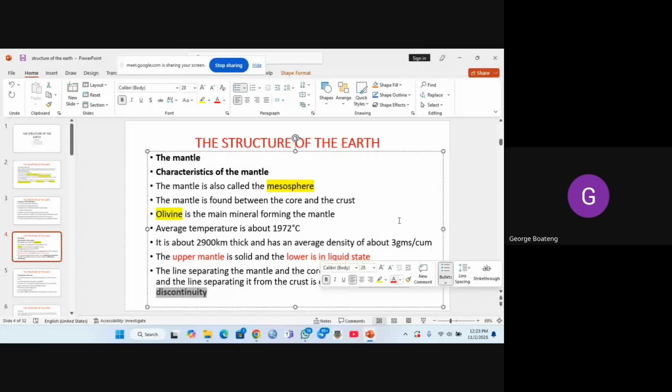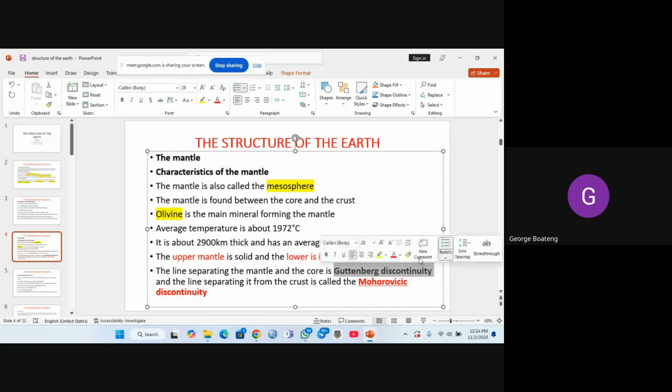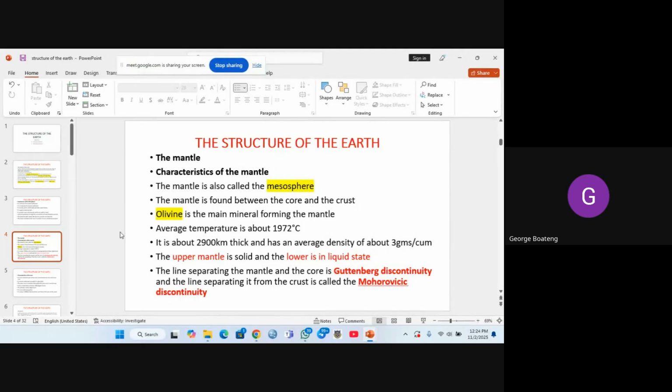That is the line that separates the crust from the mantle. And the line separating the mantle from the core is known as the Gutenberg discontinuity.